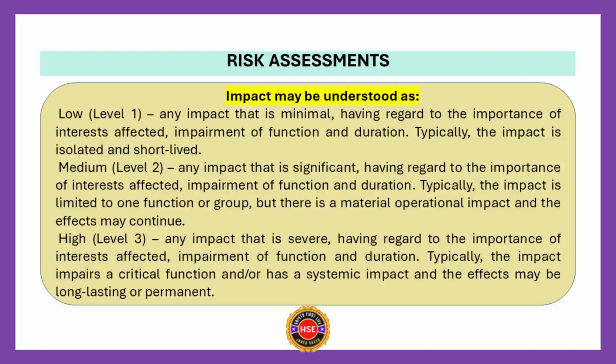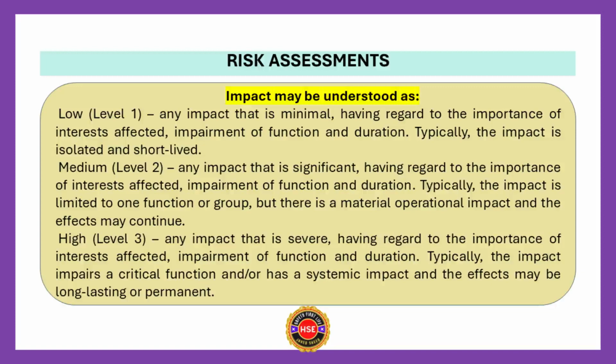Secondly, medium, level 2: any impact that is significant, having regard to the importance of interests affected, impairment of function and duration. Typically, the impact is limited to one function or group, but there is a material operational impact and the effects may continue.